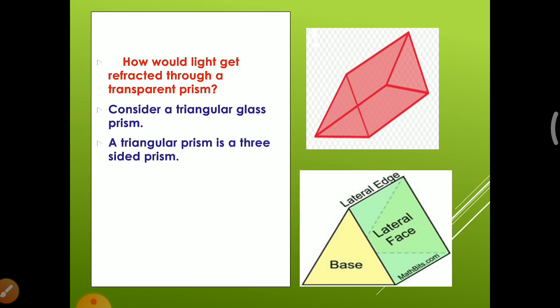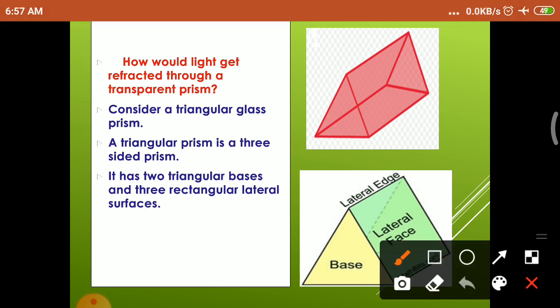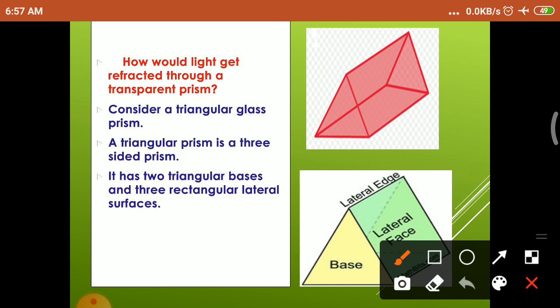A triangular prism is a three-sided prism. It has two triangular bases and three rectangular lateral surfaces. Look here, two triangles and three lateral surfaces.